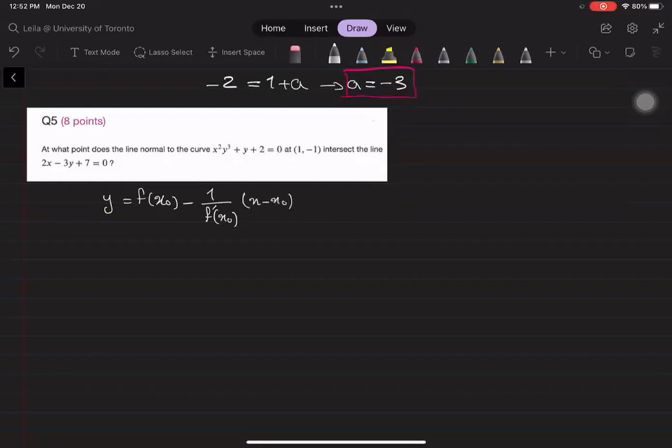Okay, so this is basically the only difference from the equation of a line we have: since you want the normal one, you do minus 1 over the slope, which is just the derivative at that point.